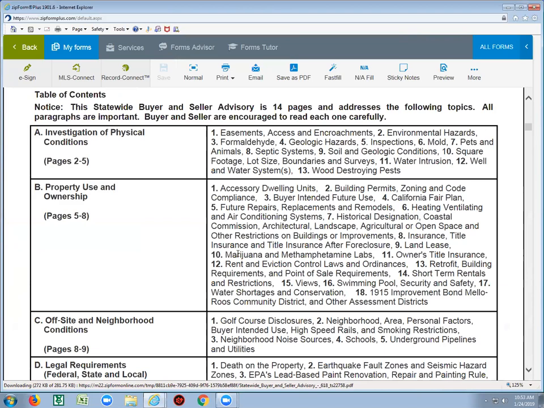Okay. Oh, I forgot. Just one copy, and you still need five more copies. I hit print. SBSA. 305.